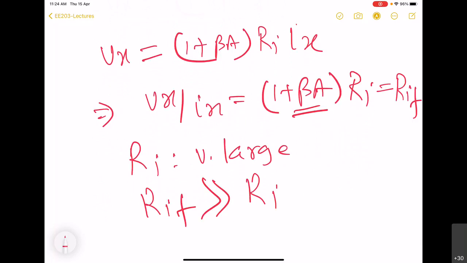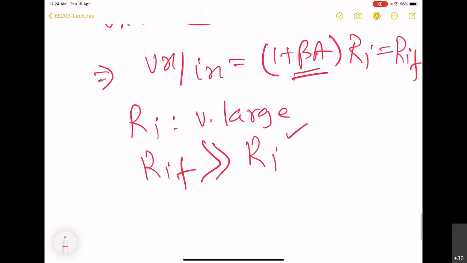So this is going to be much larger than the input impedance of the amplifier alone. So this feedback network has fortunately shifted the input impedance towards a more ideal condition. So this change that we saw for the common gate is actually desirable.